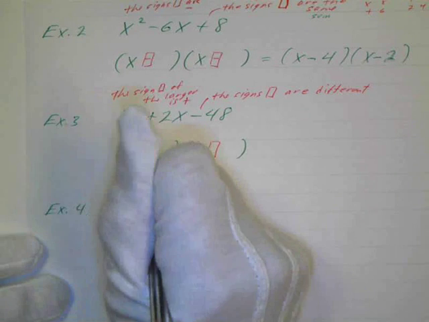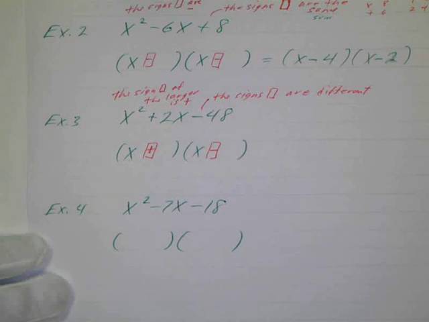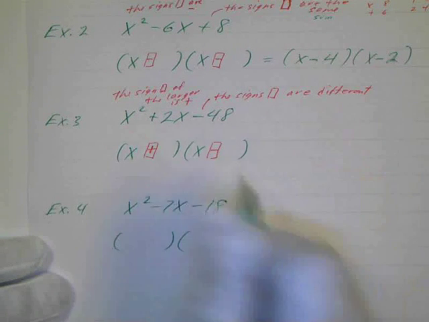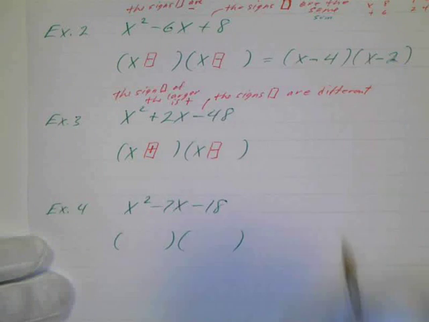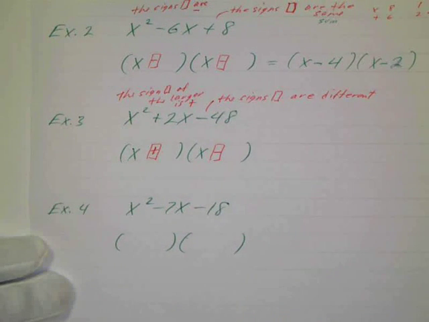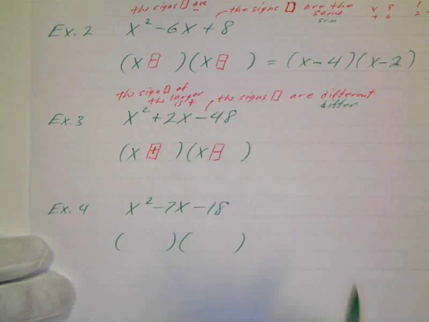So I usually put the larger on the left, so positive and negative, just to be consistent. Okay? So we need two numbers that multiply to give 48. Now, what sounds like different? Differ. So they have to differ by 2.